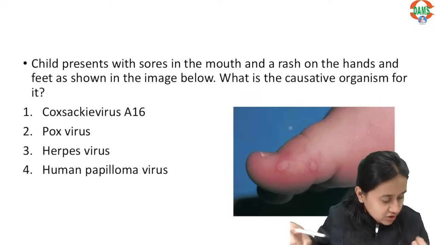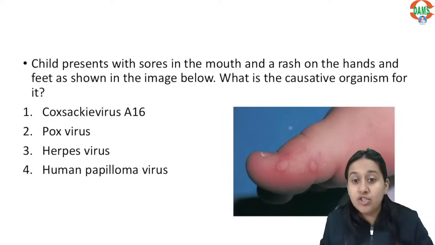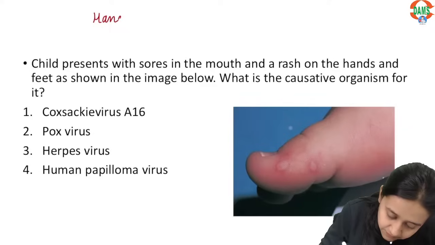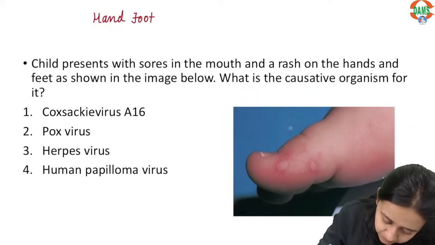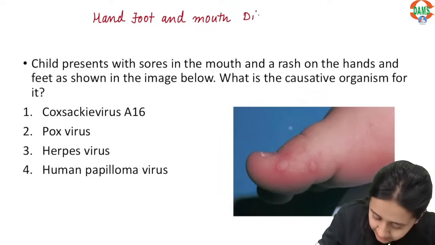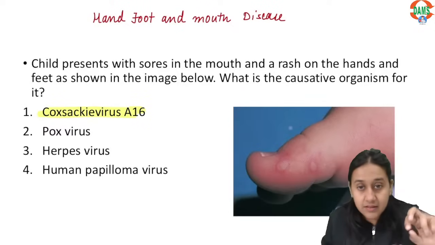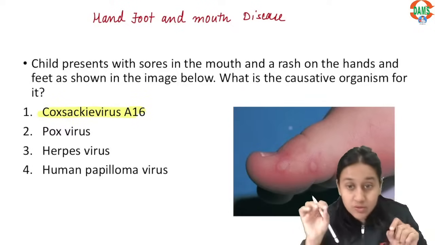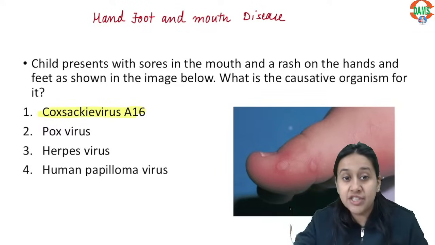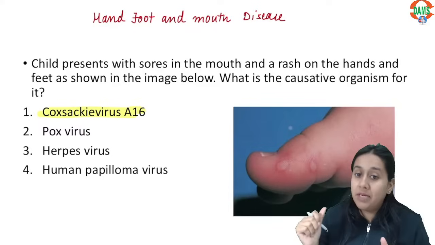Now this is a question, I think everybody is right. This is a very classical image of hand, foot, and mouth disease. And I think you know that the causative agent for HFMD is Coxsackie A16. Now, one thing which I want my students to note here is that in HFMD patients, you develop lesions in the hand, foot, mouth, even on the buttock.